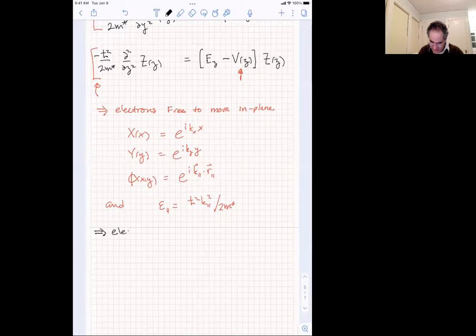On the other hand, the electrons are confined in the perpendicular direction. And there, the wave functions and the energies are described by Schrodinger's equation.